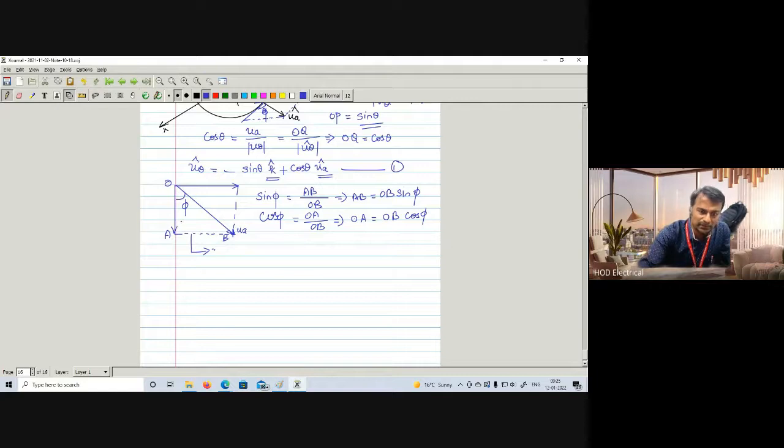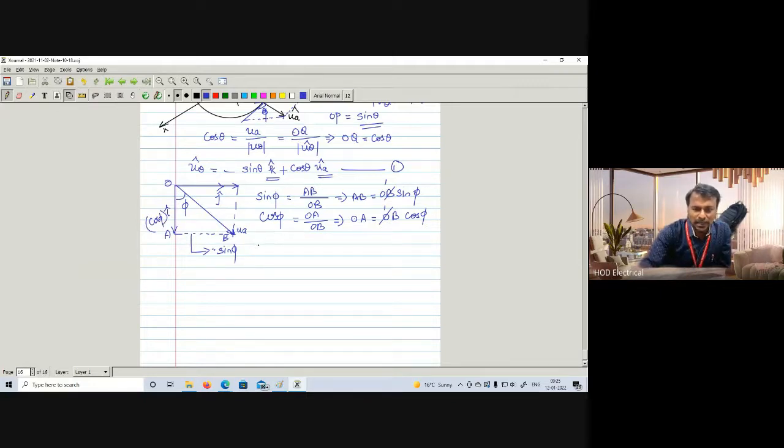This unit vector will be along the direction of x-axis, therefore i. Along the direction of y-axis, therefore it will be j. Therefore we can say with the magnitude, if we take it, OB is 1 since it is the UA vector. So we can have this side will be sine phi and this side will be cos phi.